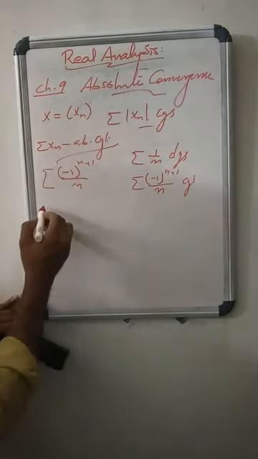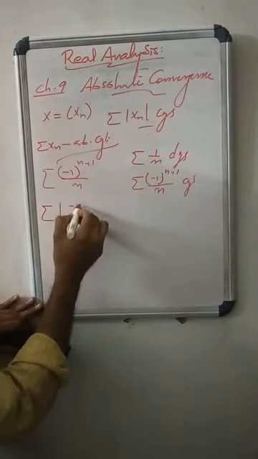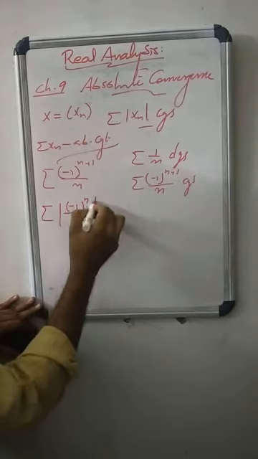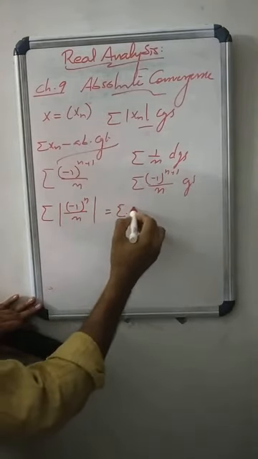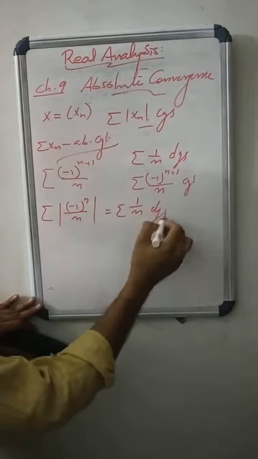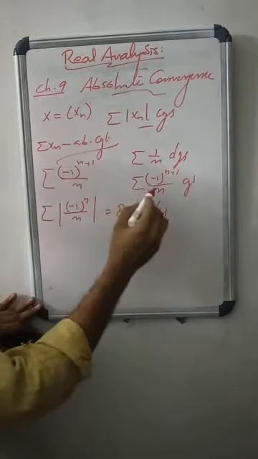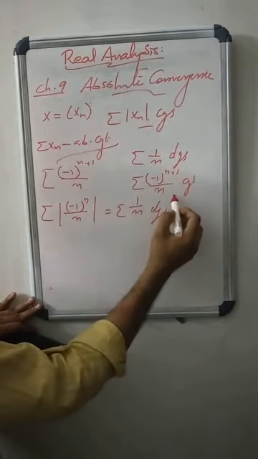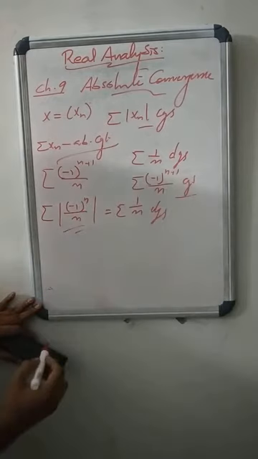But what about sigma modulus of (minus 1) power (n plus 1)/n? That equals sigma 1/n. It diverges. Clear? So sigma (minus 1) power (n plus 1)/n converges, but its modulus diverges.